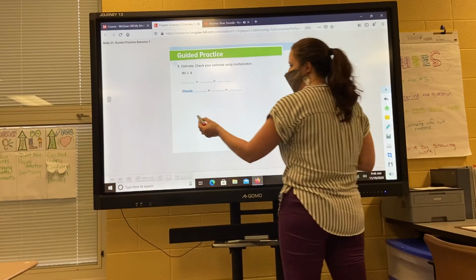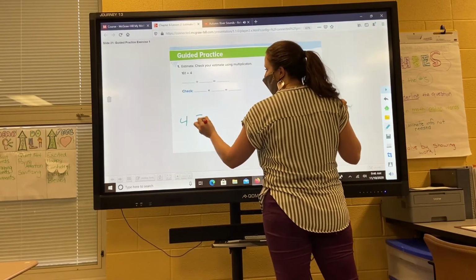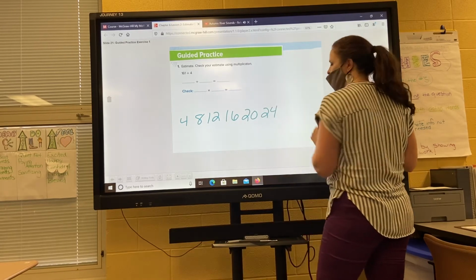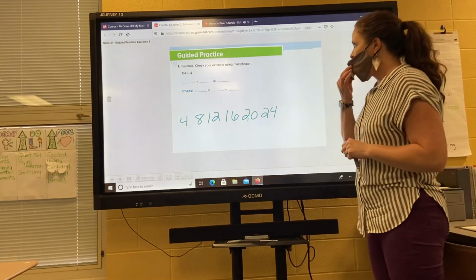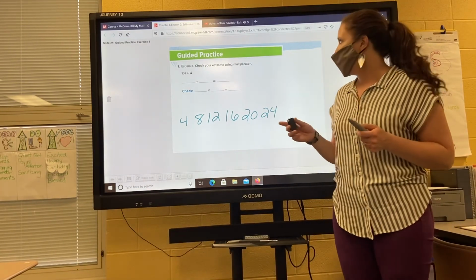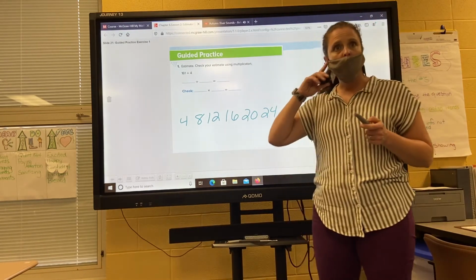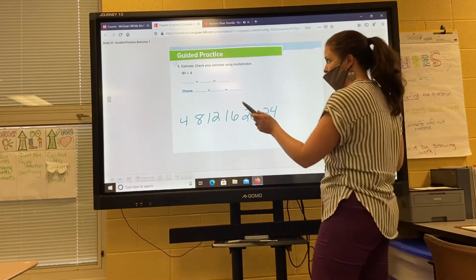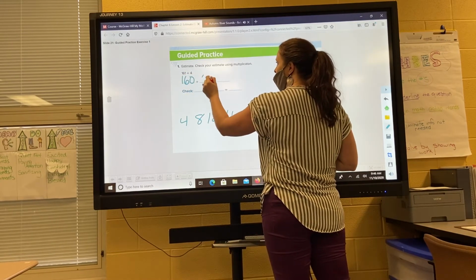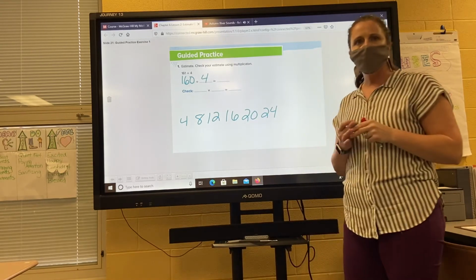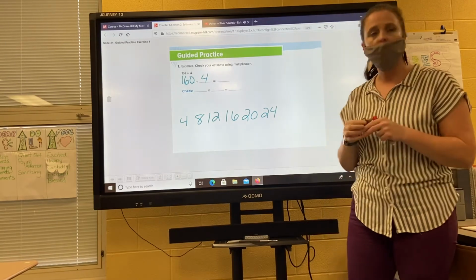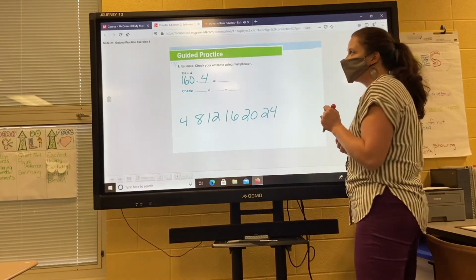So the first thing I'm going to do is write my 4's down: 4, 8, 12, 16, 20, 24. I'll stop there. So, what can I round 161 to have a compatible number? 160. So I'm going to round 161 to 160 and divide by 4. What is 160 divided by 4? Okay, let's look at it this way.